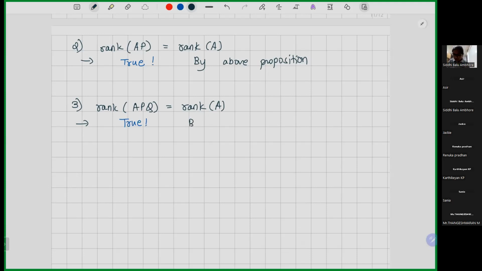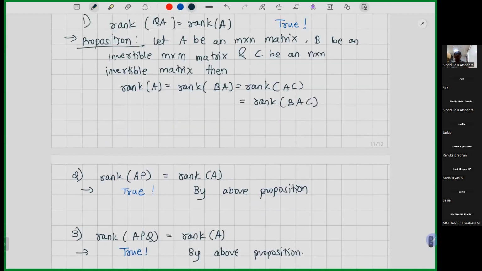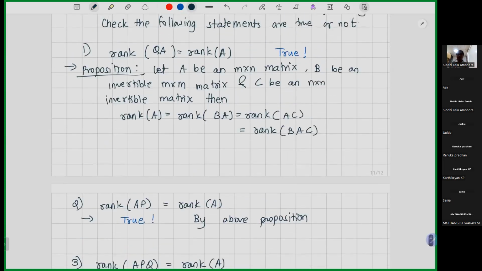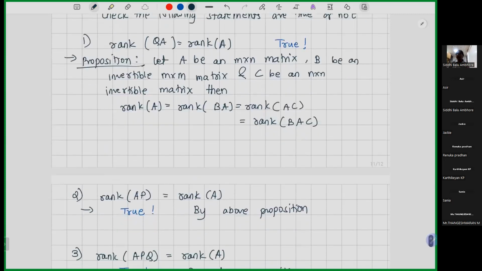So true again by the above proposition. So these three things are okay. When I pre-multiply a matrix by an invertible matrix, or post-multiply it, or multiply the matrix with invertible matrices, its rank does not change. That's the significance of this proposition, and that's what this question is also asking.